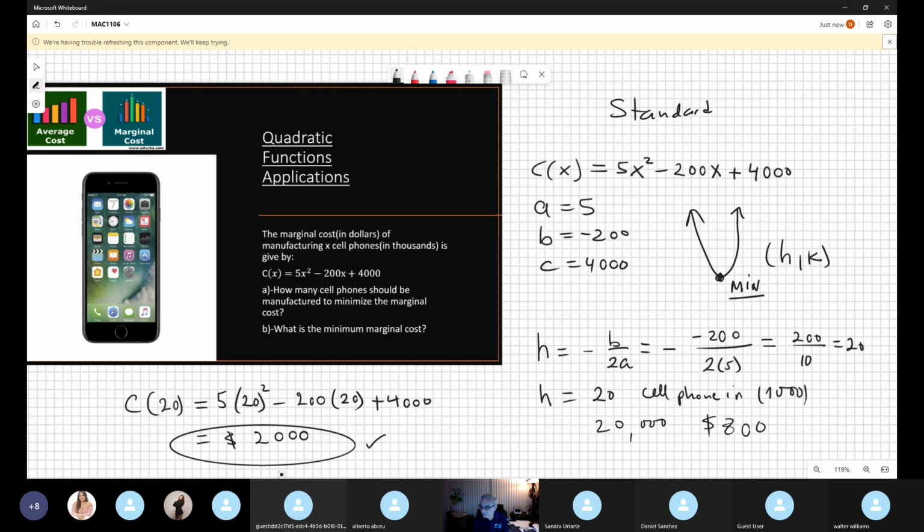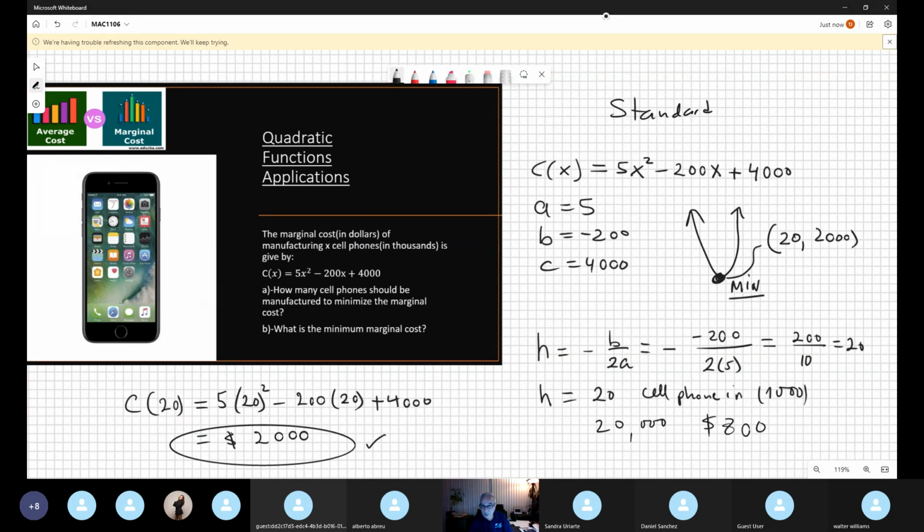Do you understand this or no? All right. I'm getting a little confused on the part where it says, part B, what is the minimum marginal cost? That point is the point 20, 2,000.